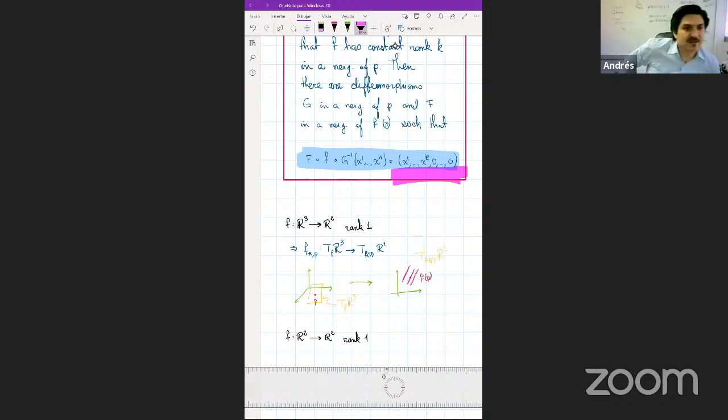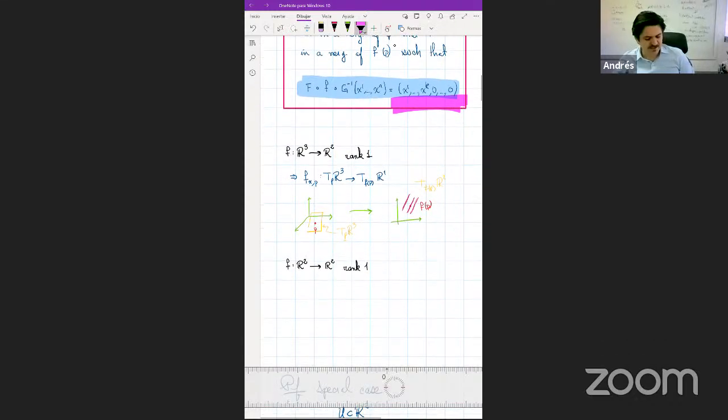So that's more or less what is happening here. And you can also argue in the same way from R2 to R2. The only difference is that here you are collapsing a three-dimensional space into a one-dimensional space, and here you're collapsing a two-dimensional space into a one-dimensional space.